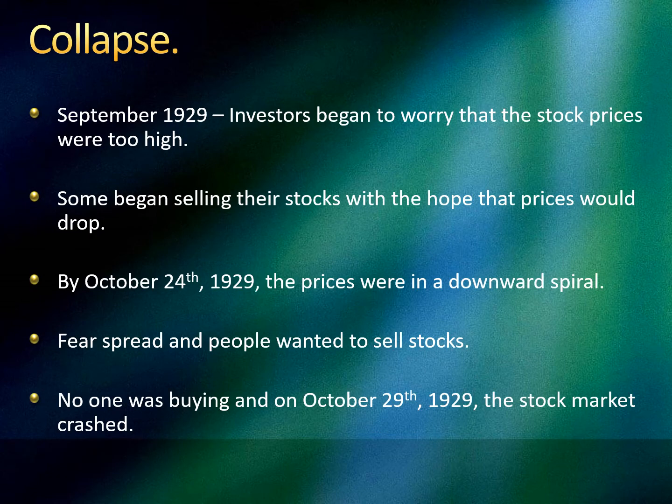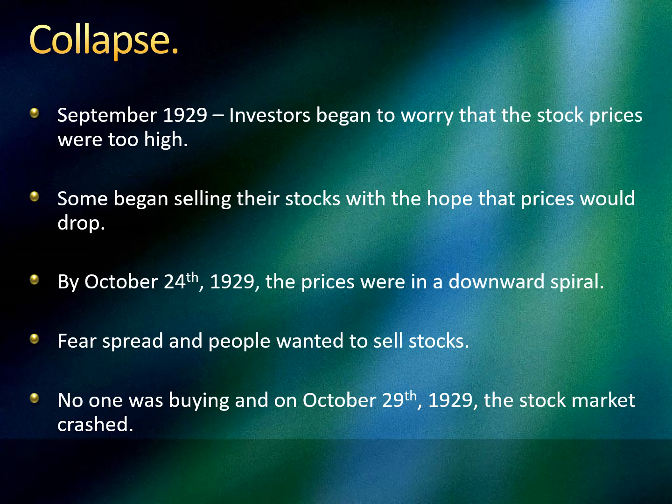In September 1929, investors began to worry that stock prices were becoming too high. Some began selling their stocks with the hope that prices would drop. By October 24th, 1929, the prices were in a downward spiral. As people hear about this, they become very fearful, and it spreads, and people want to immediately sell their stocks, and many of them do.